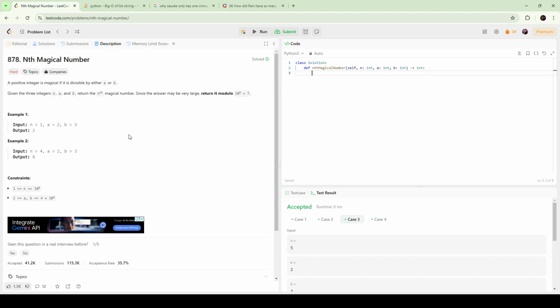We do that by calculating how many multiples of a are directly below or equal to the midpoint, using some basic math, and likewise for b. And then in between these numbers there's going to be duplicates.